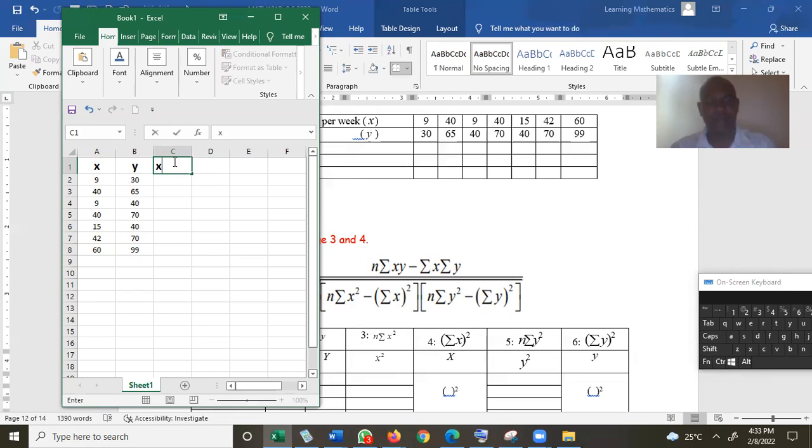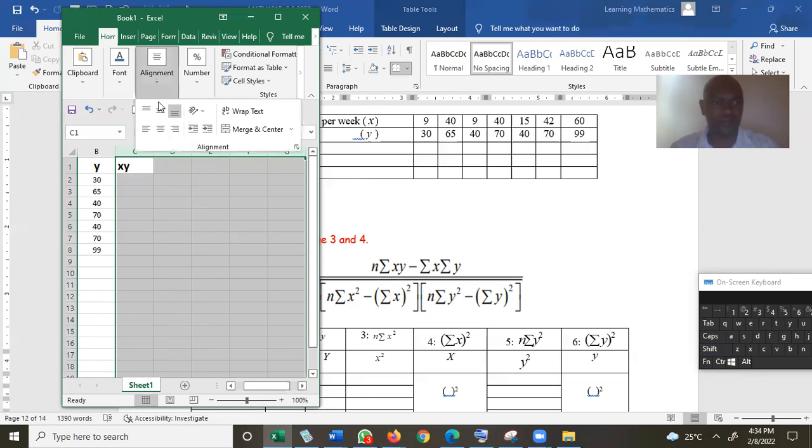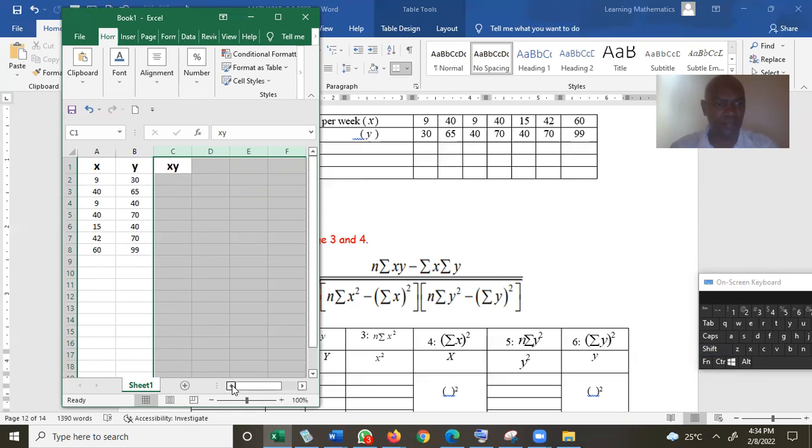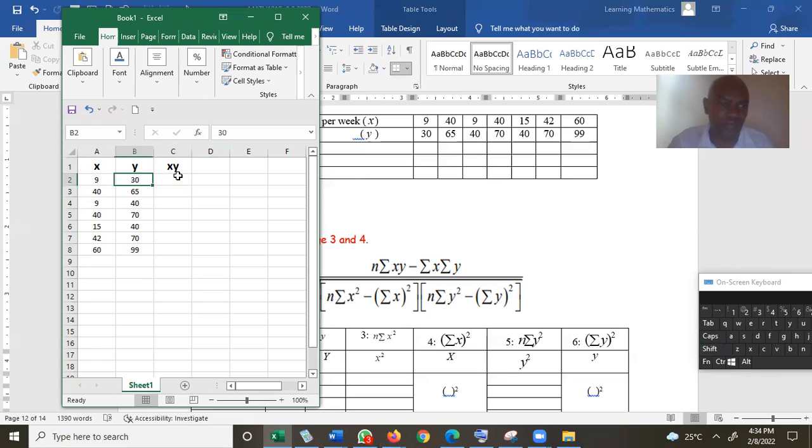X times Y. Okay, let's just centralize this. Go back there. It doesn't take much time just to write it over here, but I think it's going to be easier later on and even more accurate.